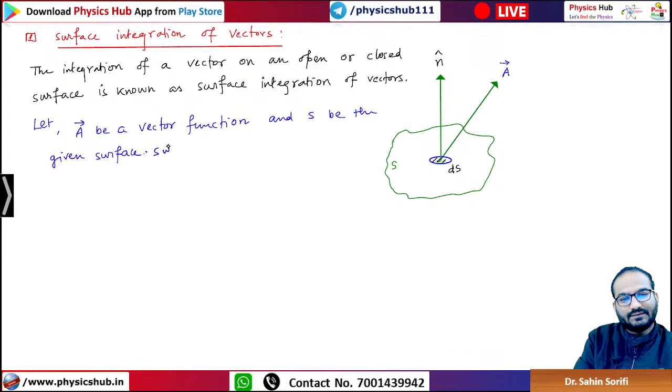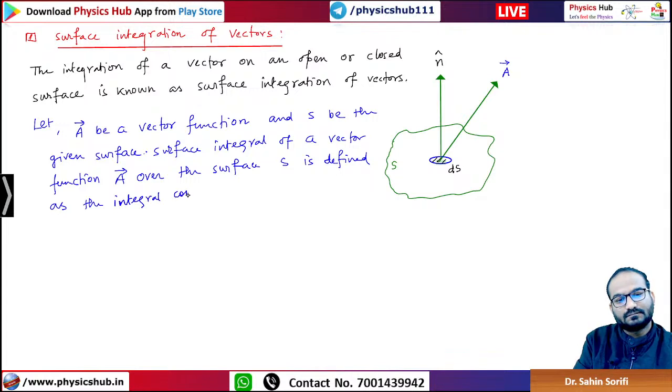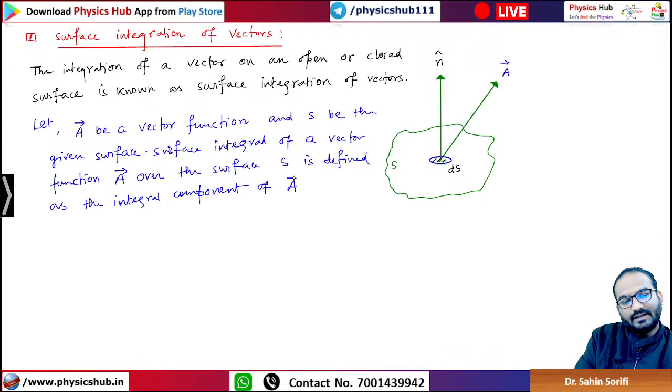Then we define the surface integral of a vector function A over the surface S as the integral of the component of A along the normal to the surface.